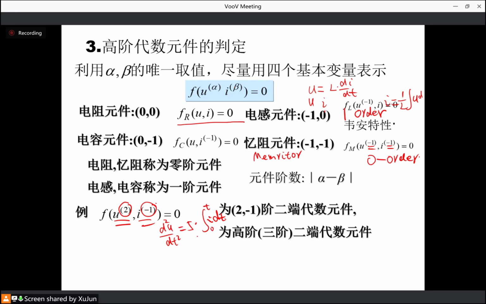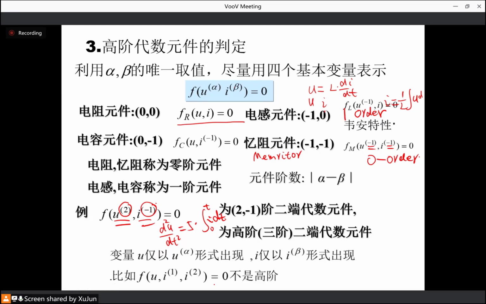We call this a third-order component. Pay attention, U and I can have only one kind of order each: U is alpha order and I is beta order. For example, this is not third order, because this is second order, first order, and this is 0, this is 0.